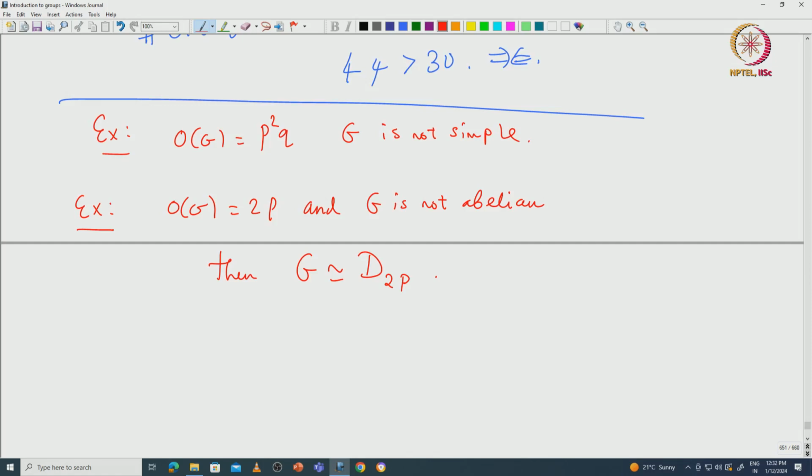You take p to be an odd prime. Then you can prove that this subgroup of order p must be normal, and it must be unique. So G must be a semi-direct product of Z modulo 2Z and Z modulo pZ, which you can prove to be isomorphic to the dihedral group of order 2p. Okay, so that is how the proof goes.